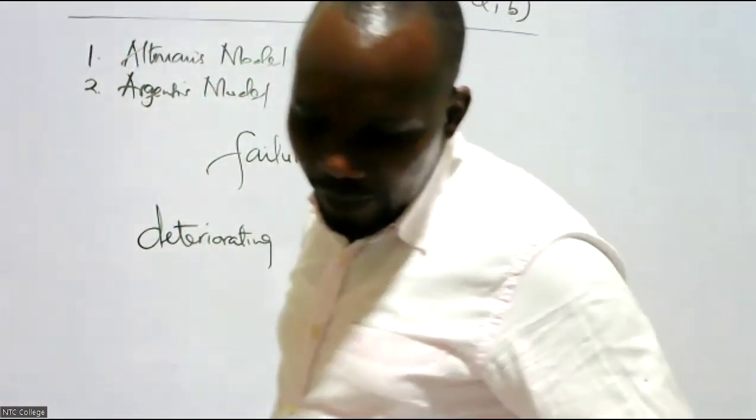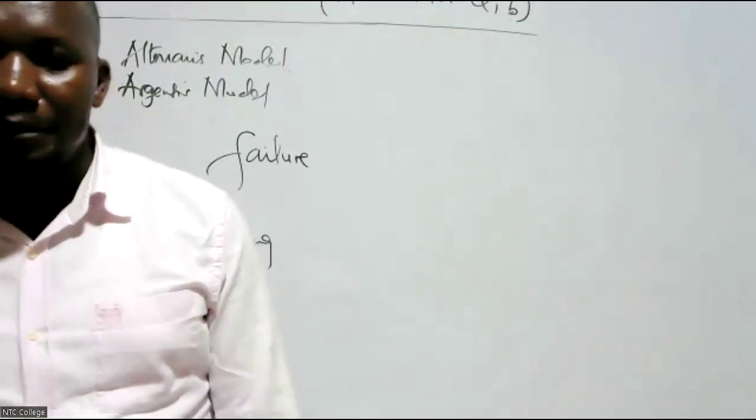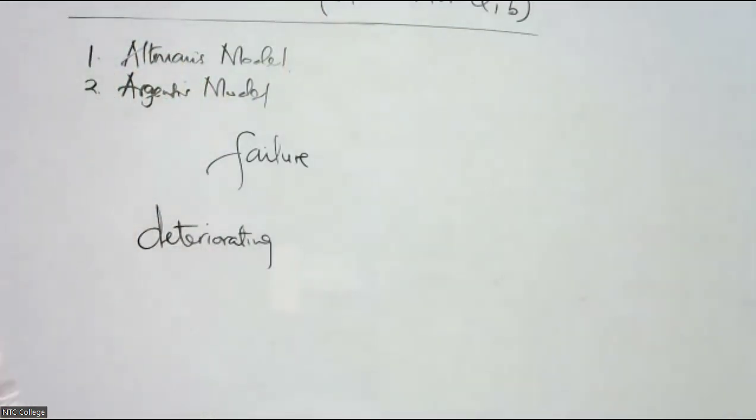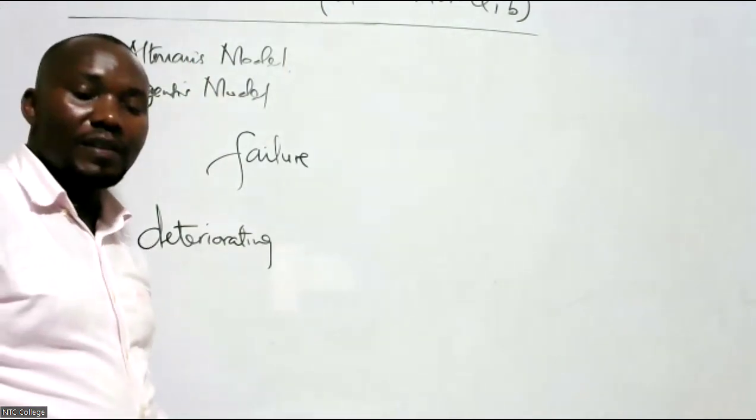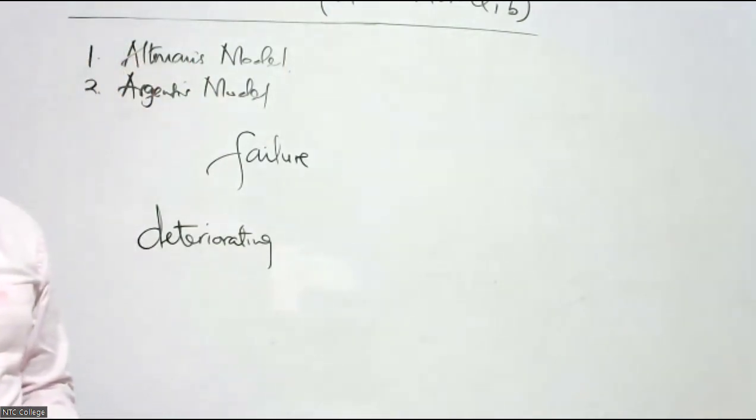This model is based on past company data. Now, what we are saying here is that this model, called Argenti, is based on information as far as the management of the company is concerned.